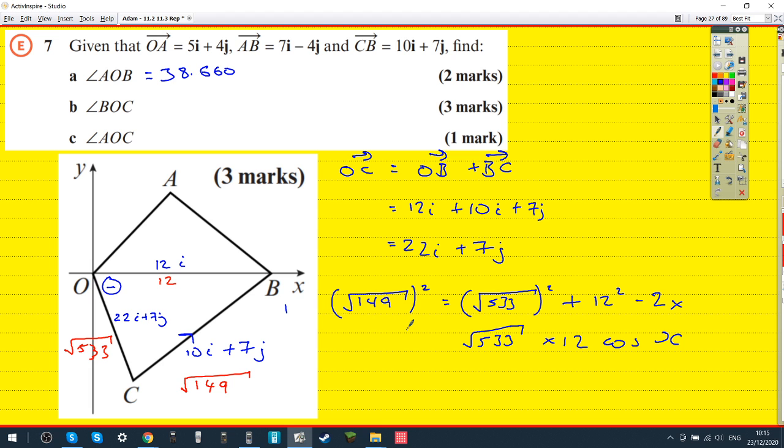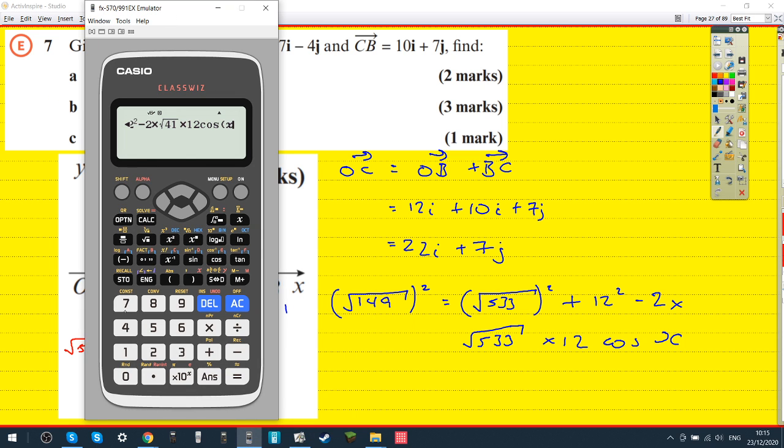Just 149. So that might make it a bit easier. I got 17.7 degrees. That's it.